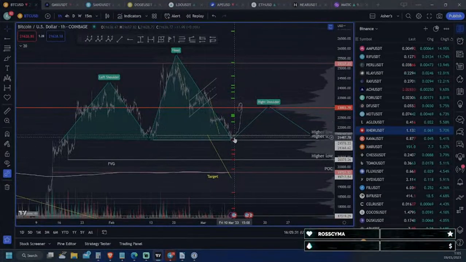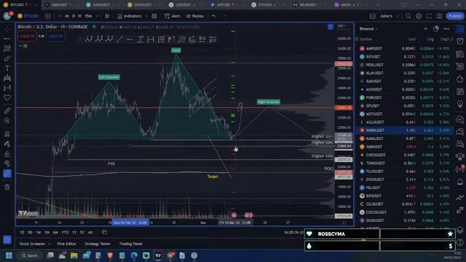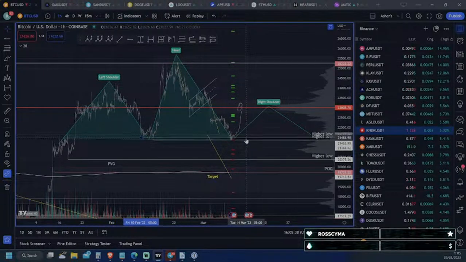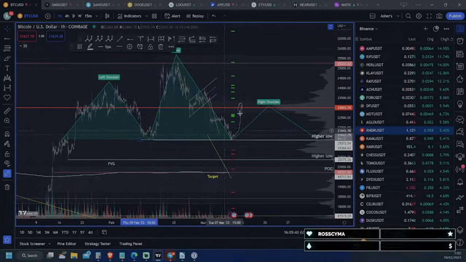The rules for a head and shoulders to be valid. I mean, this is quite a symmetrical looking head and shoulders.